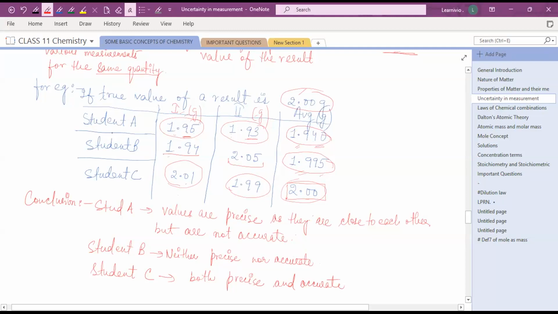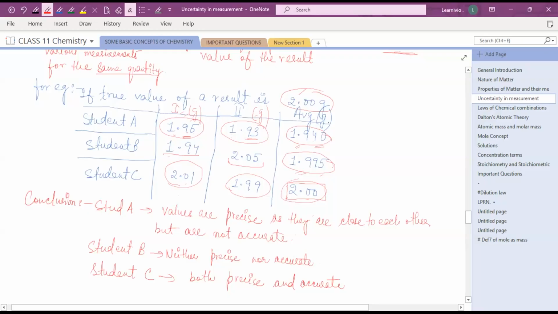So student A's first reading is 1.95, the second reading is 1.93. You can see these two readings are very close to each other, a difference of about 0.02. And remember, if we are looking at precision, we will compare the first and second readings.